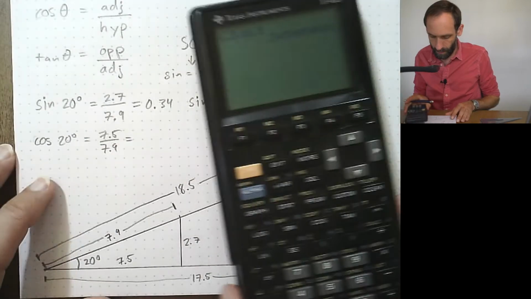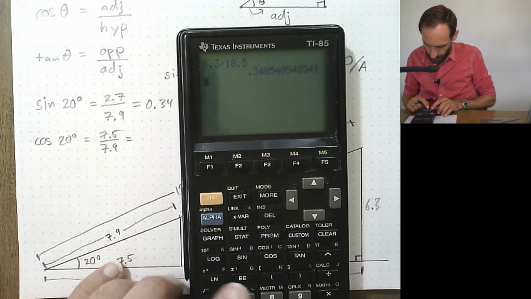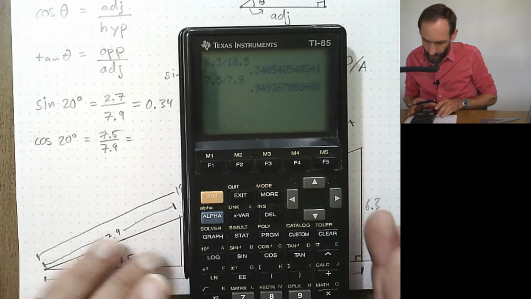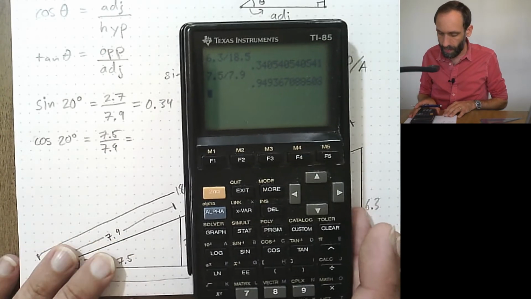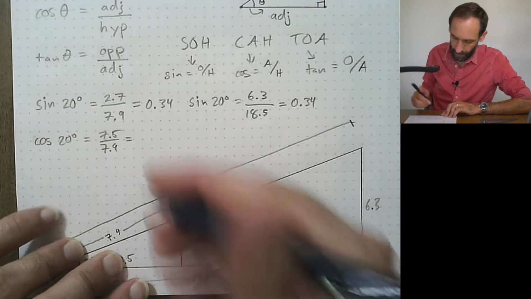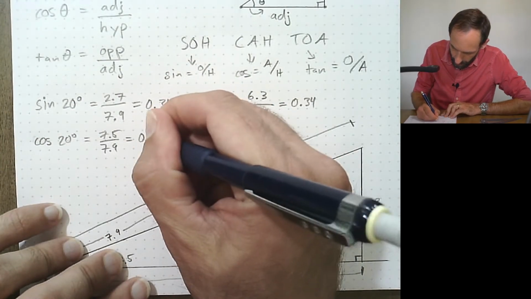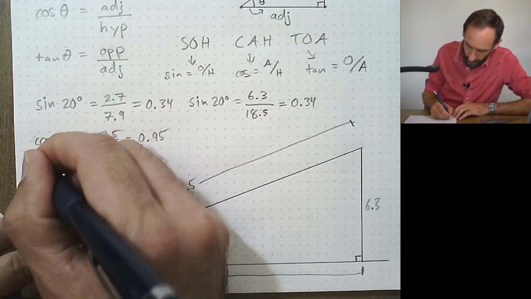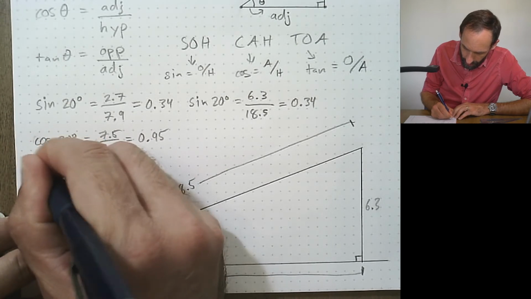And let's go ahead and calculate that. 7.5 divided by 7.9. I get 0.949. So if I round to the nearest hundredth, it's 0.95. And now let's do it with the larger triangle.